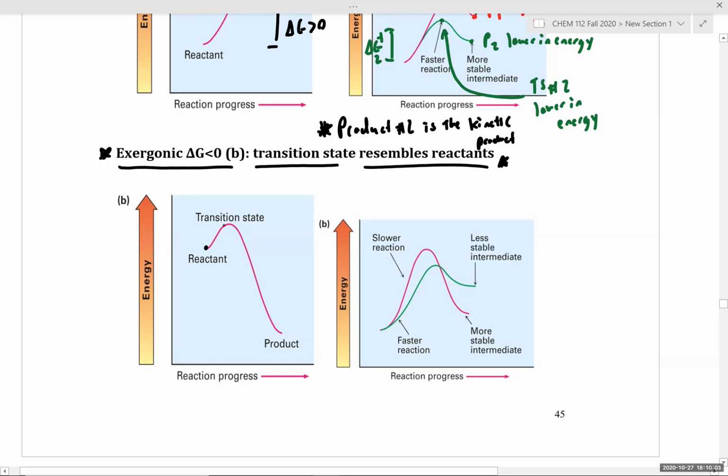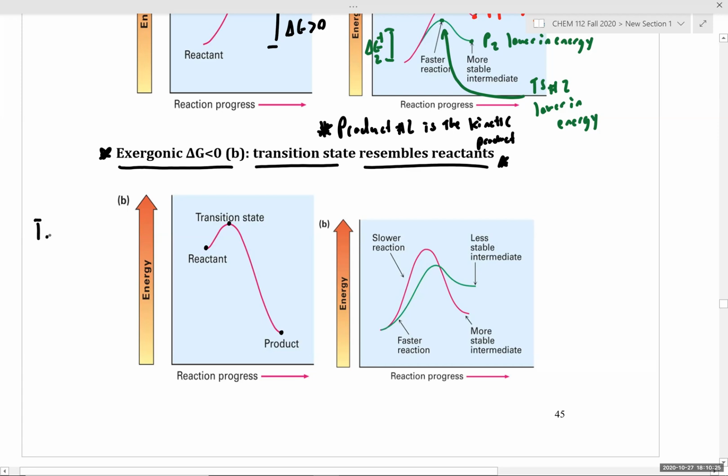Why? So if we think about our reactant compared to our transition state, which is closer in energy to our transition state, the reactant or the product? What is closer in energy to the transition state, the reactant or the product? The reactant, exactly right.